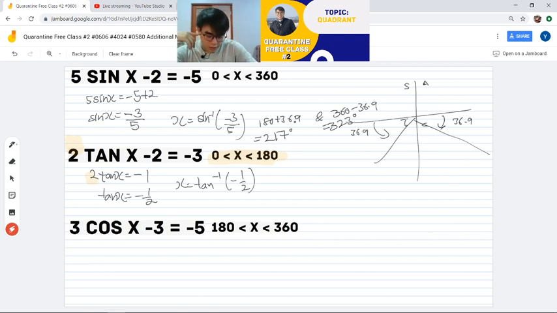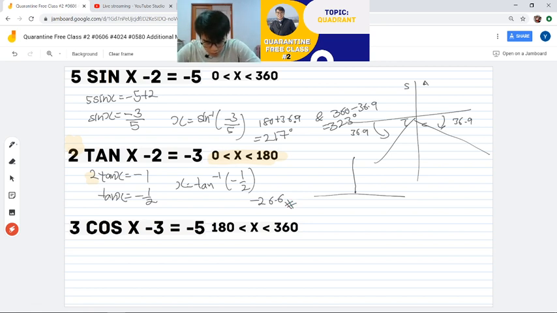Okay, so the details: when you key in your calculator, you know that the question already restricts the range. By keying in your calculator, you should get tangent inverse of -1/2 as -26.6. Okay, however, this is not the answer that the question wanted.